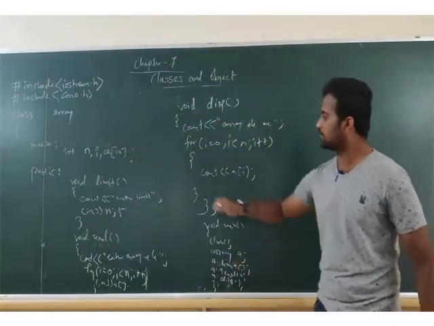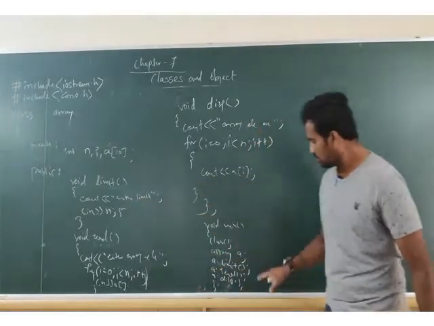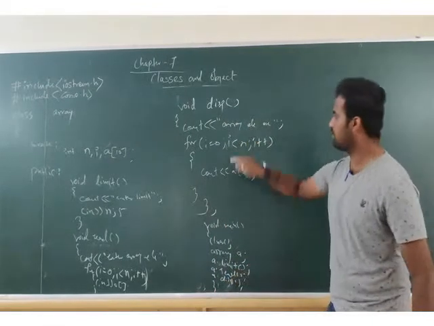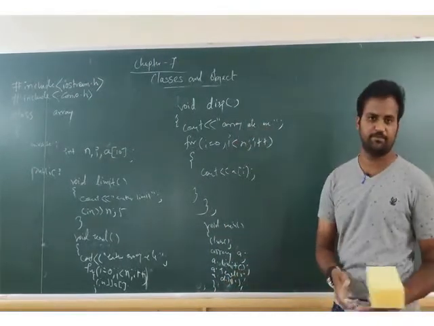A dot limit means it will execute the limit function. A dot read means it will execute the read function. A dot display means it will execute the display function.